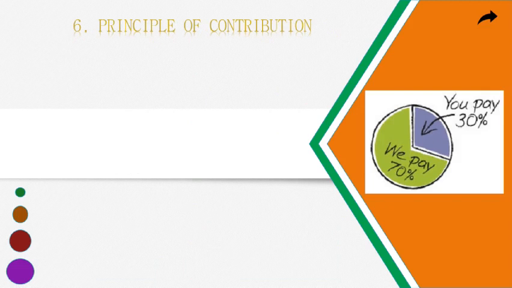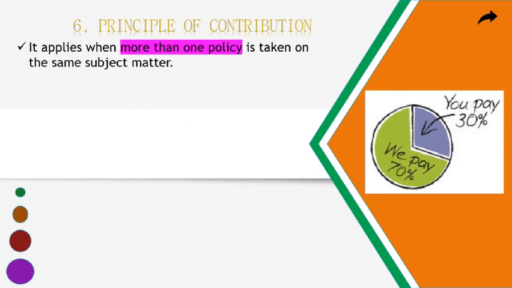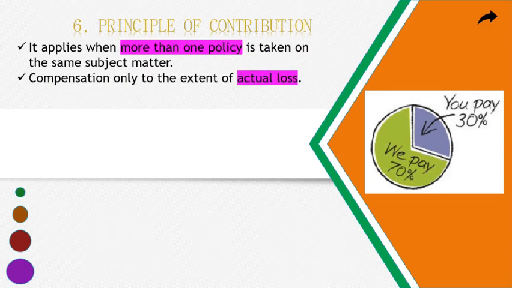The sixth one is the principle of contribution. It implies that more than one policy is taken on the same subject matter. One thing you have to remember is that compensation only to the extent of actual loss will be provided.